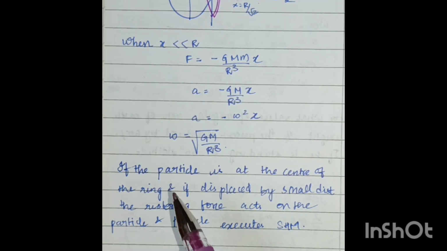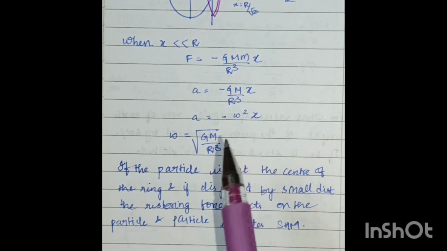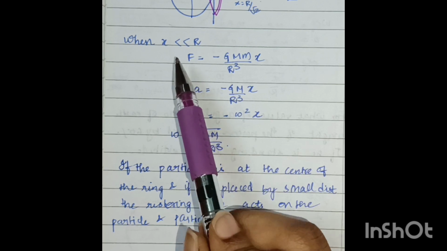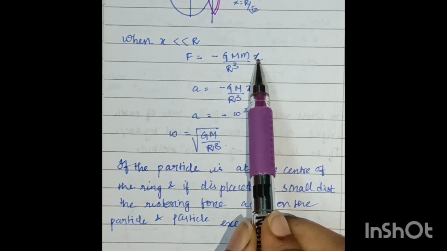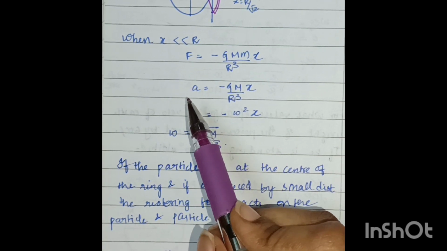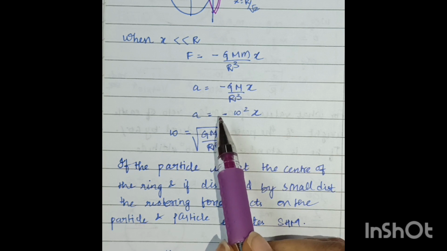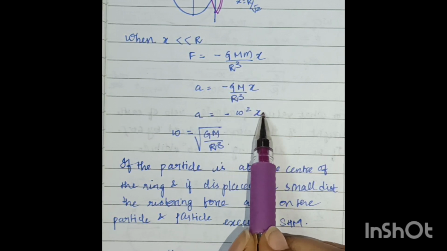So one more thing, this we will learn again while we are studying oscillations. But before that, let me give a short explanation for this. So F equals minus GMm by r cube into x. The general equation for acceleration which we will be studying in oscillations is a equals minus omega square x.